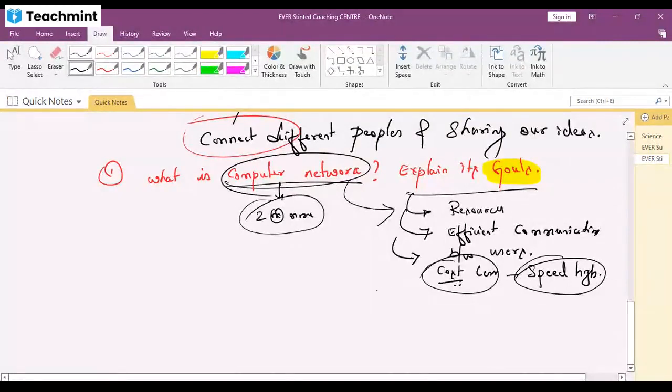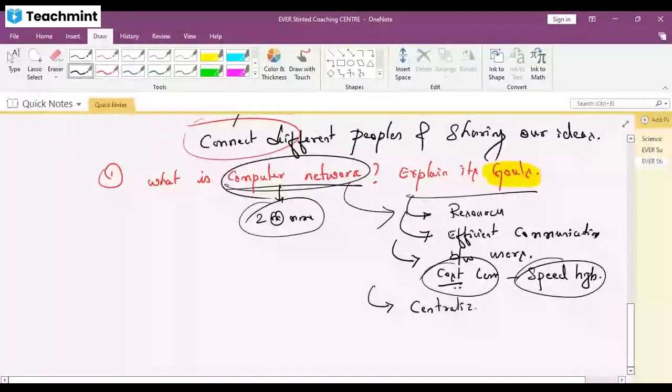And also it will act like a centralized software management. Understood?